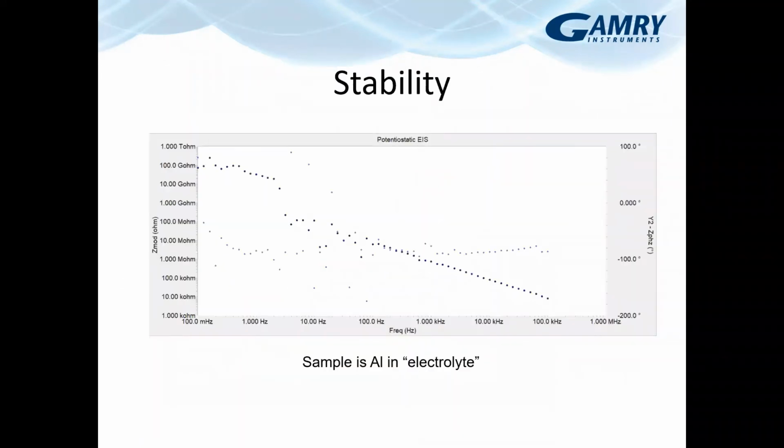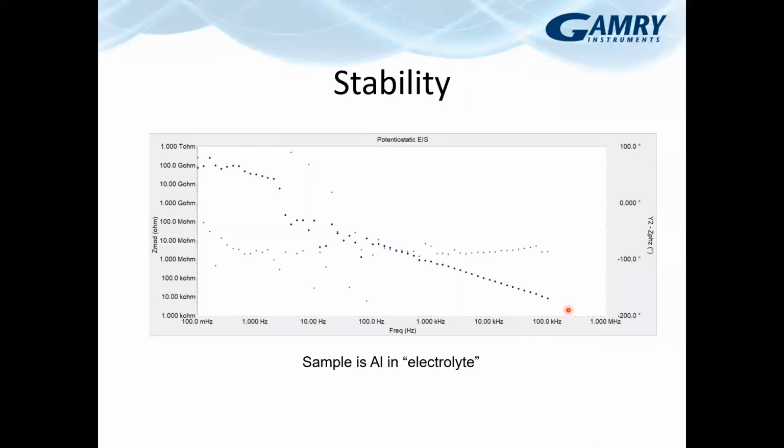And now we're going to move a little bit and talk briefly about samples themselves. The biggest issue, because it comes up across the board for electrochemical measurements, is stability. This is an EIS spectrum of aluminum in some electrolyte. For people that aren't familiar with aluminum, aluminum forms a nice aluminum oxide film on the surface.